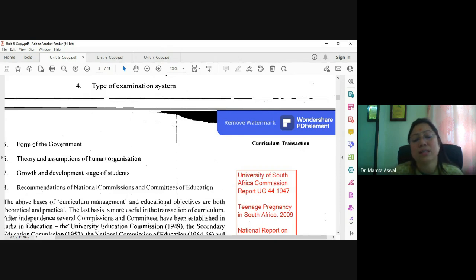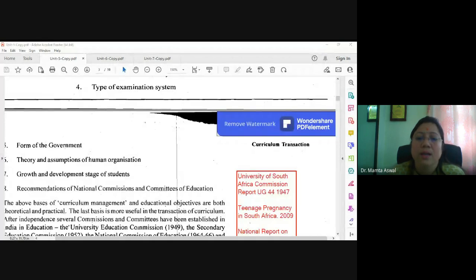Then, theories and assumptions of human organization. Whenever we talk about human organization, there are various human behavioral theories. In the management subject, various behavioral theories are taught. What do you assume about human beings? There are two things: human relationships, and organizational structure and relationships.